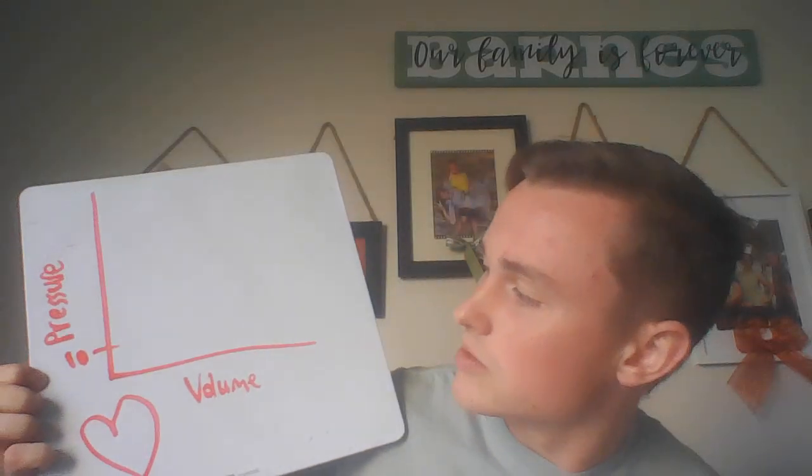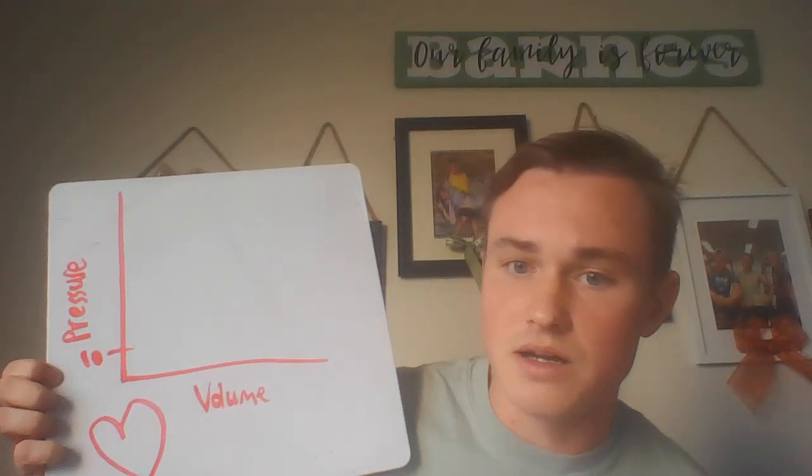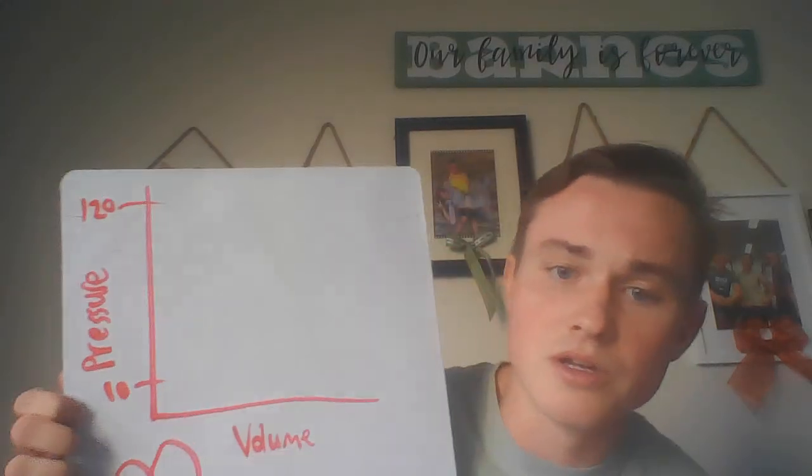So for pressure, we're going to have a couple of landmarks here. On the low end, I'm going to have 10, and pressure is going to be in millimeters of mercury. That's how the body's pressure is usually put in those units. And on the high end, we're going to have 120, which number should look familiar for your systolic blood pressure, which is the top one.